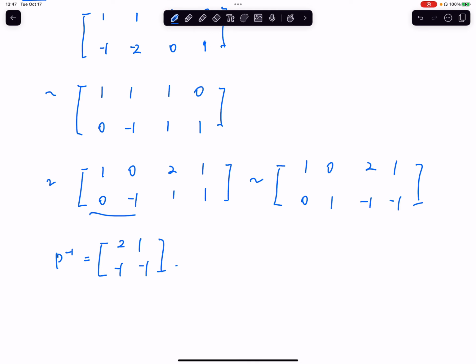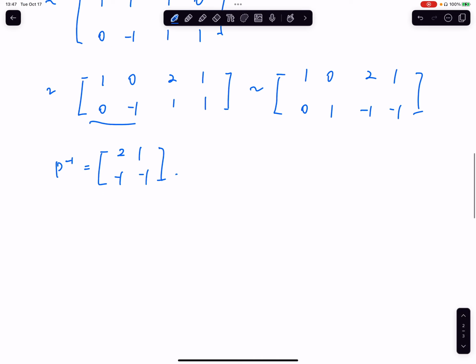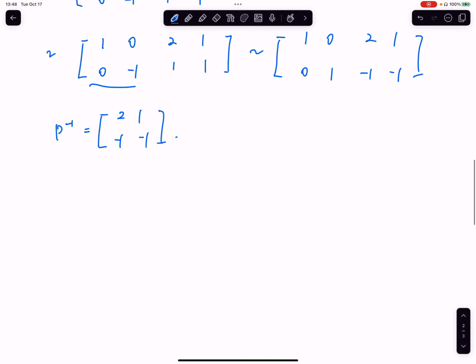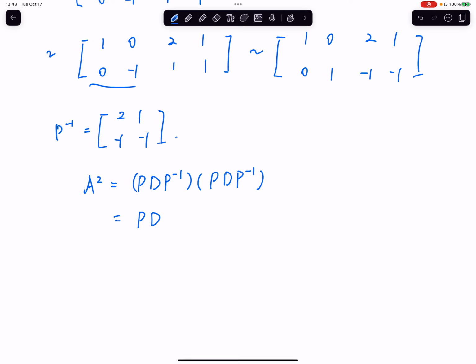Next, by the associativity of matrix multiplication, since we know A can be factorized as P D P inverse, A squared is equivalent to this. What we have is P times D times P inverse times P times D times P inverse.